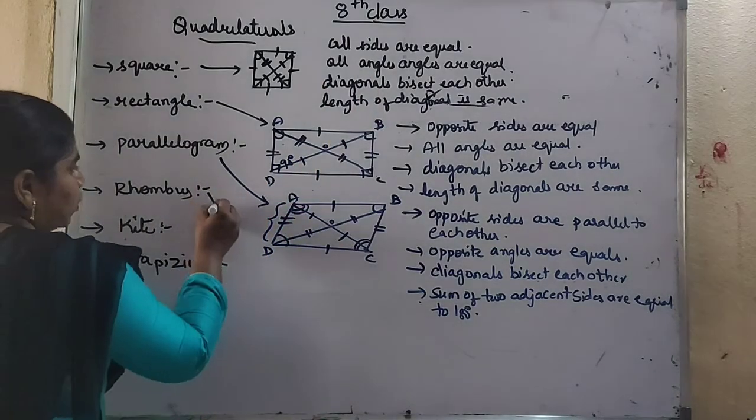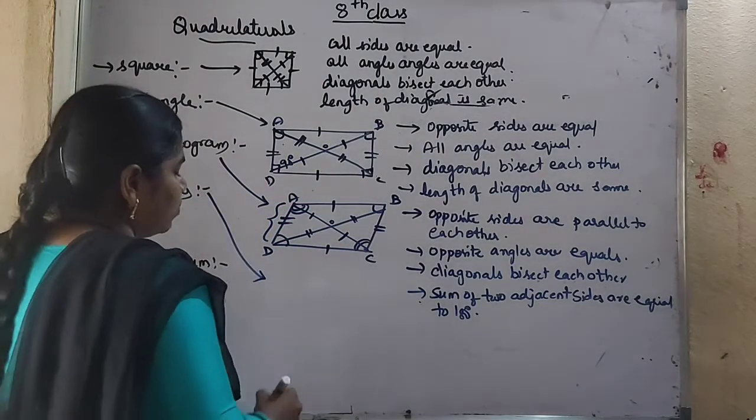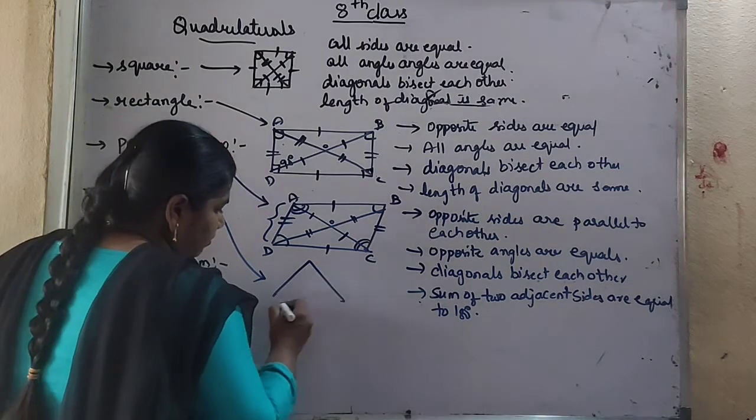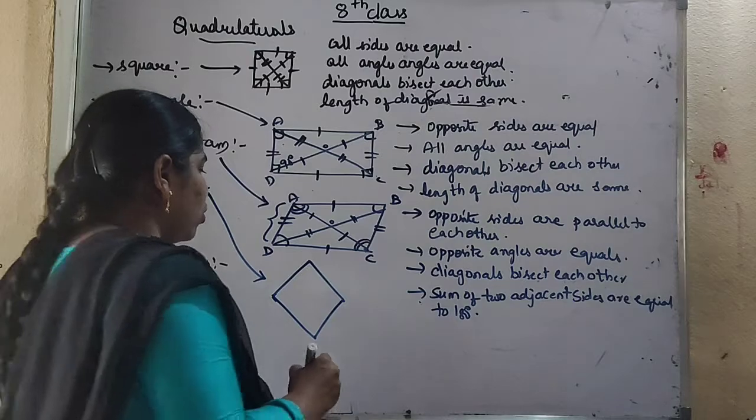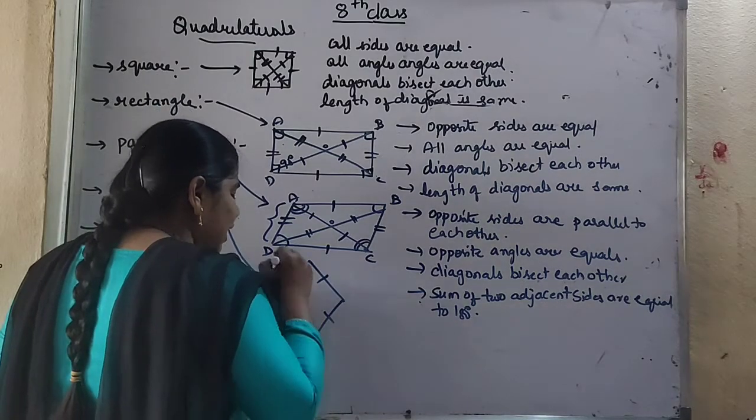And next is rhombus. How will rhombus be there? Like this. Okay, so in rhombus, you will see all sides are equal.